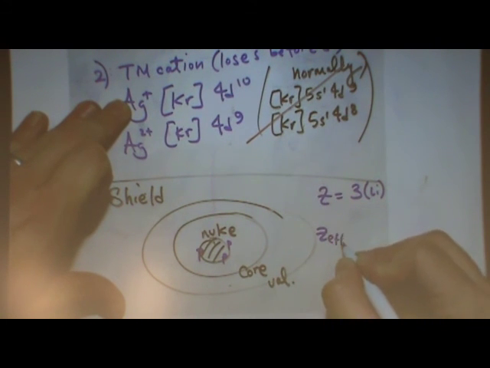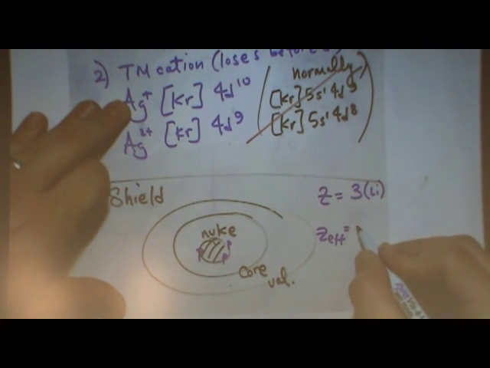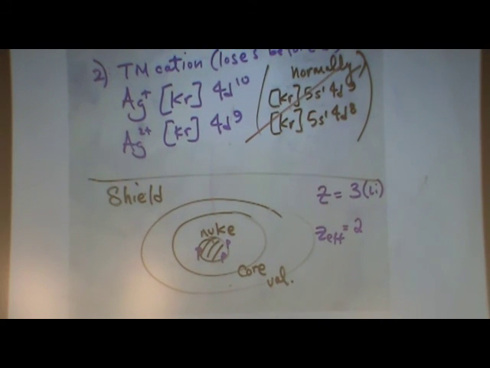So we talk about a Z effective when something's shielding. For example, they might think there's 2, or it could be 2.5, anything less than 3, really. That would be the Z effective for the valence electrons. They're blocked by the core electrons from seeing all the protons or feeling the full effect of all the protons in the nucleus.